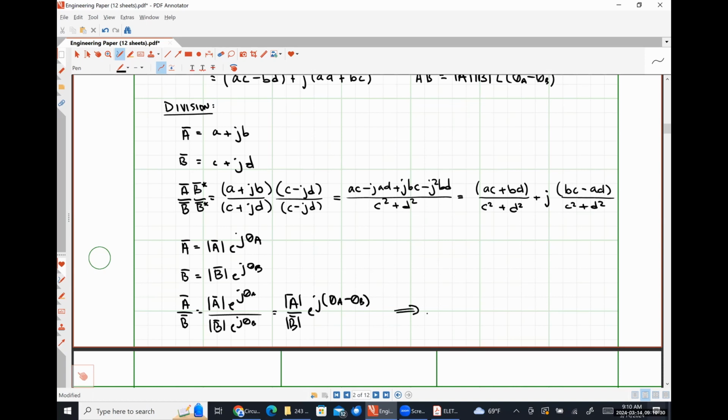And in polar form, this simplifies to the magnitude of A over the magnitude of B with an angle of theta A minus theta B.